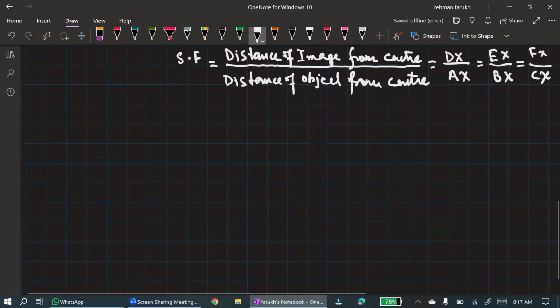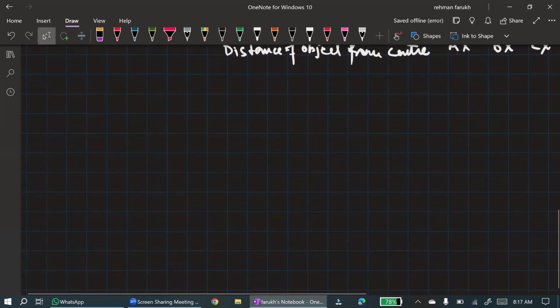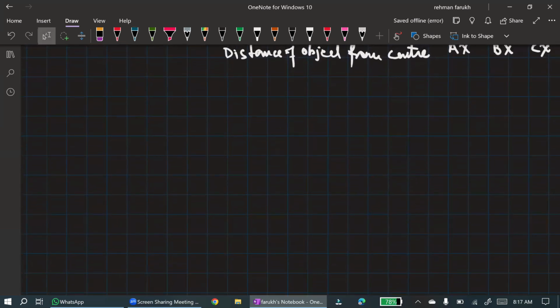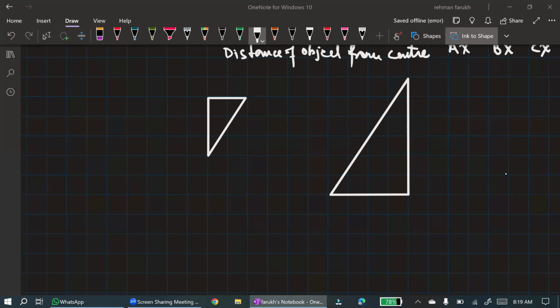Now I will give you another example of how we can find out the scale factor and the center of enlargement. You can see the two triangles.